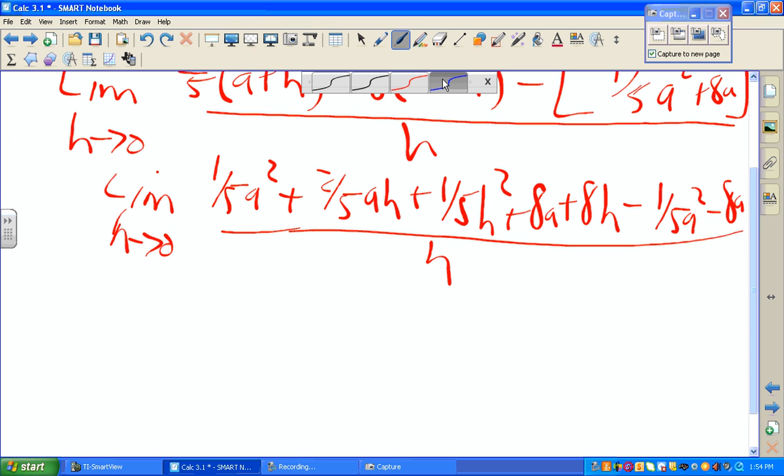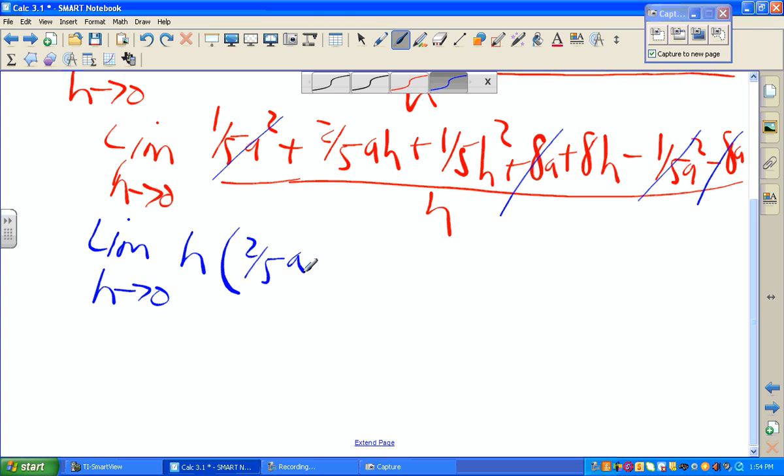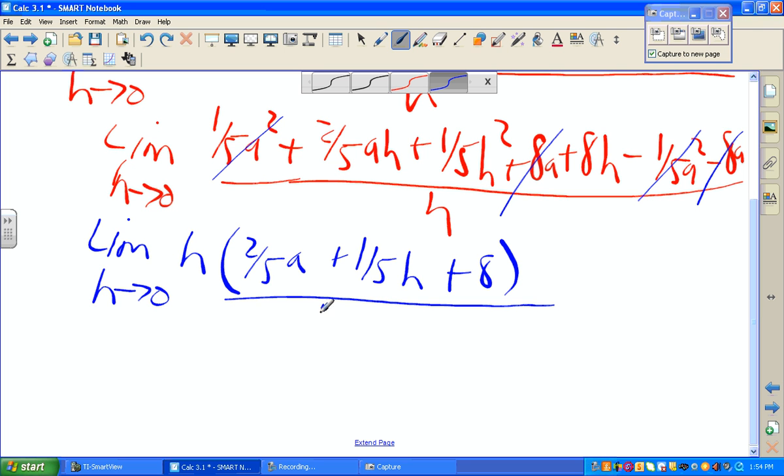Again, the algebra should be easy. You all have algebra credits. The 8a's dropped, the 1/5 a squared's dropped. Time to factor the h. 2/5 a plus 1/5 h plus 8, all over h.